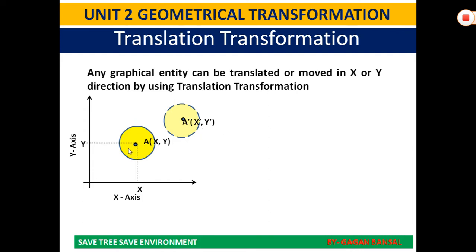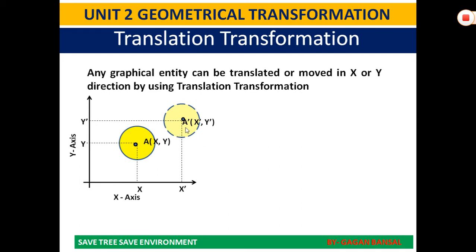What does it mean? That this body has translated from its original position A with having coordinates x comma y to a new position A dash having coordinates x dash comma y dash. That means it has moved x dash distance in horizontal direction and has moved y dash distance in vertical direction.